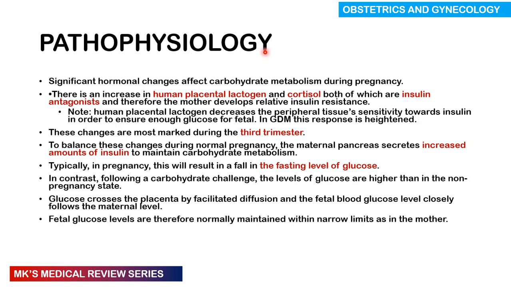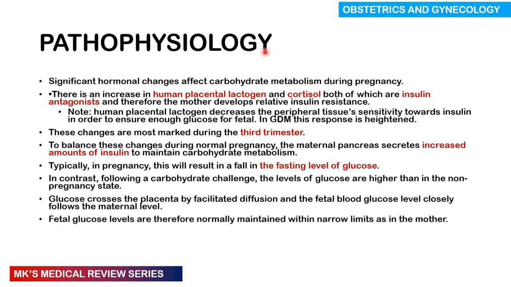Remember, this is not supposed to happen because typically in a normal pregnancy, there's supposed to be a fall in the levels of glucose, because most of the glucose is going to be used for carbohydrate metabolism, as the pregnancy goes further and further, the demands for energy are also increasing.